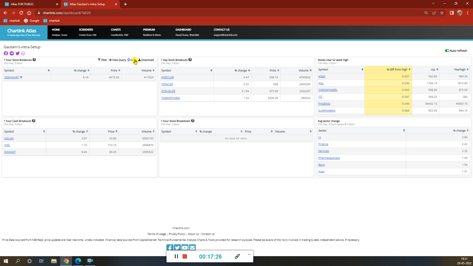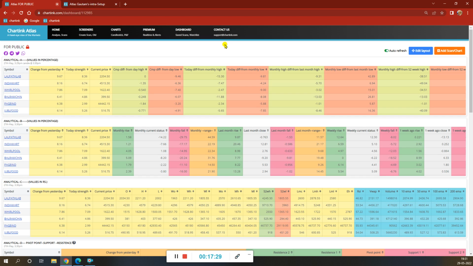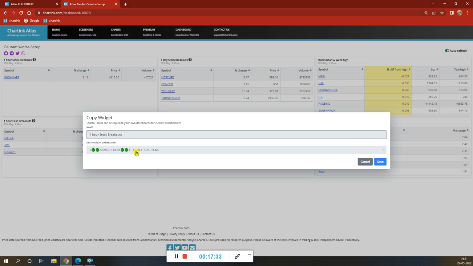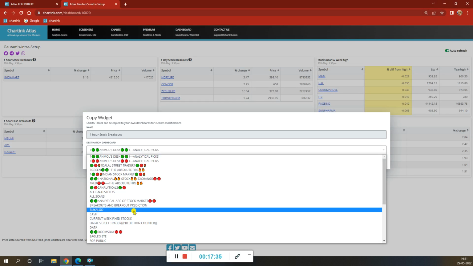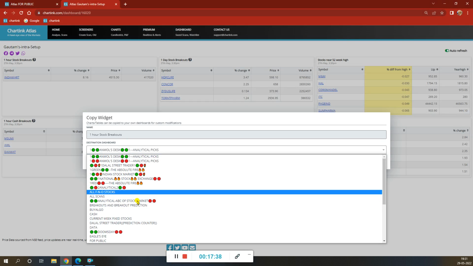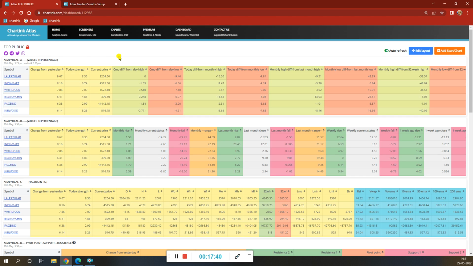So simply you have to click on copy. Here you would find the option of copy. You simply would have to click on copy, select any of your dashboards. If you have not created one, you need to create one.